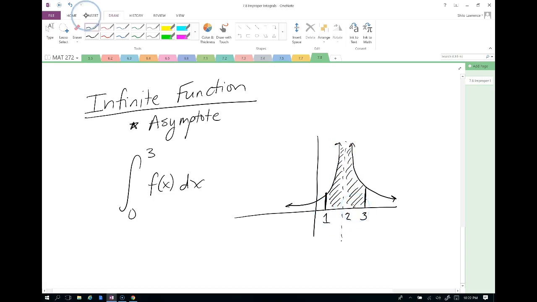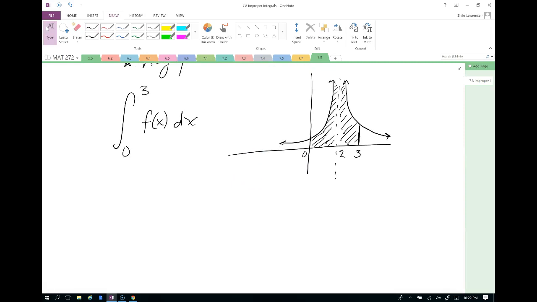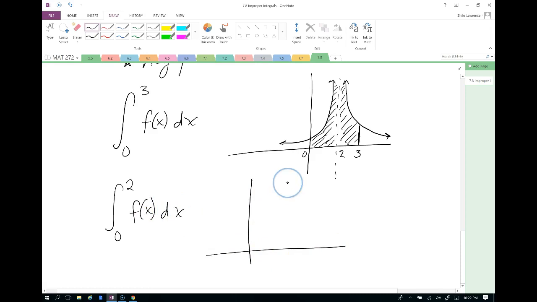Oh, I said 0 to 3, I'm sorry. Let me fix that. It's also possible just that one of our endpoints is infinite. So maybe with this exact same function, I said, what's the integral from 0 to 2 of f of x dx? So there's 2.